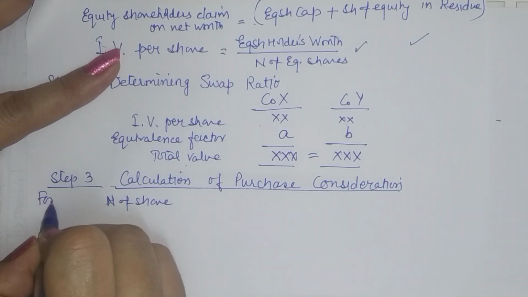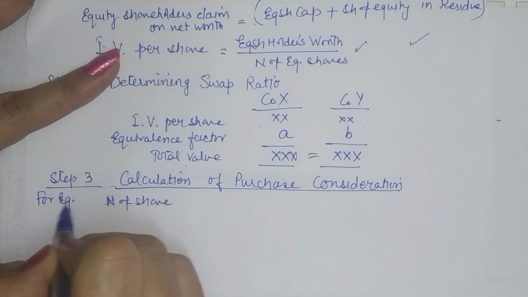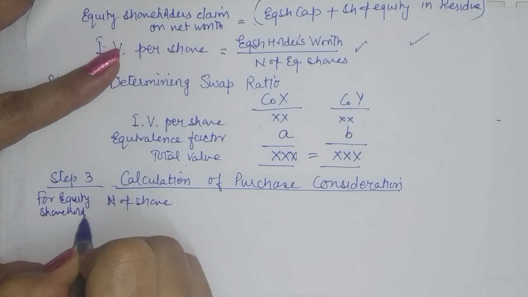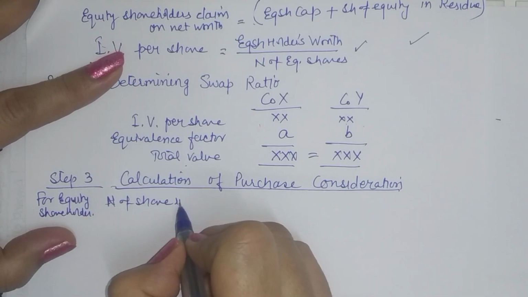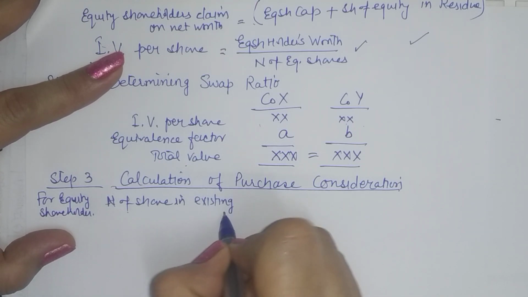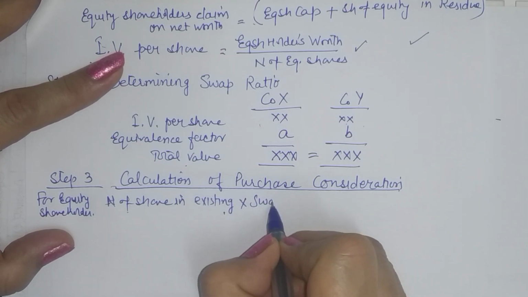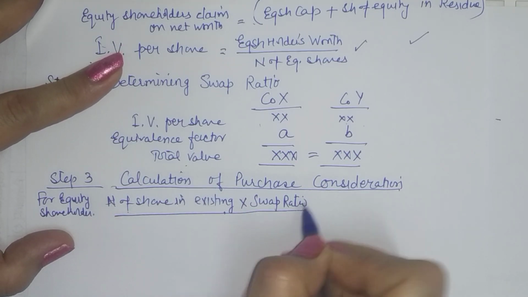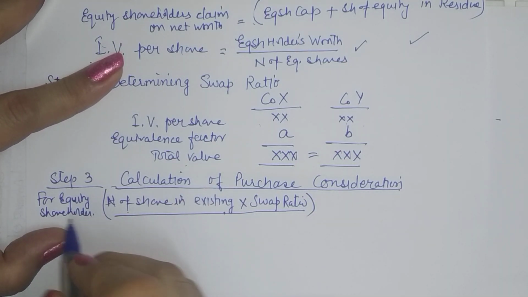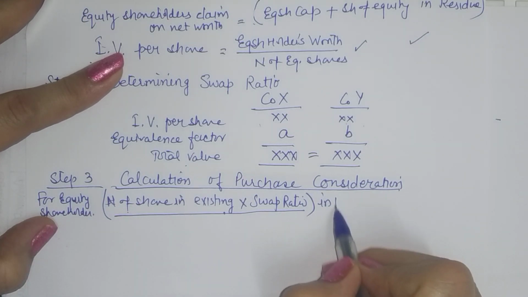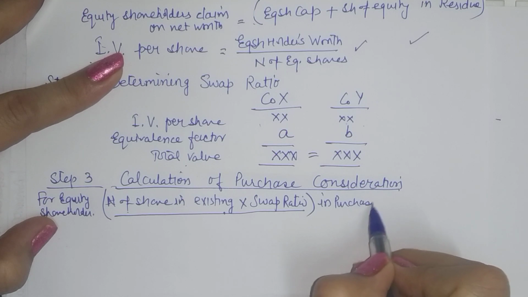This is for equity shareholders, right? Because we work for the equity shareholders in this case. So number of shares in the existing company. These are the shares that you are having in the existing company. Multiply this with the swap ratio. This will give you the shares that you will be getting in the new company. So equity shareholders will be getting these many shares in the purchasing company.